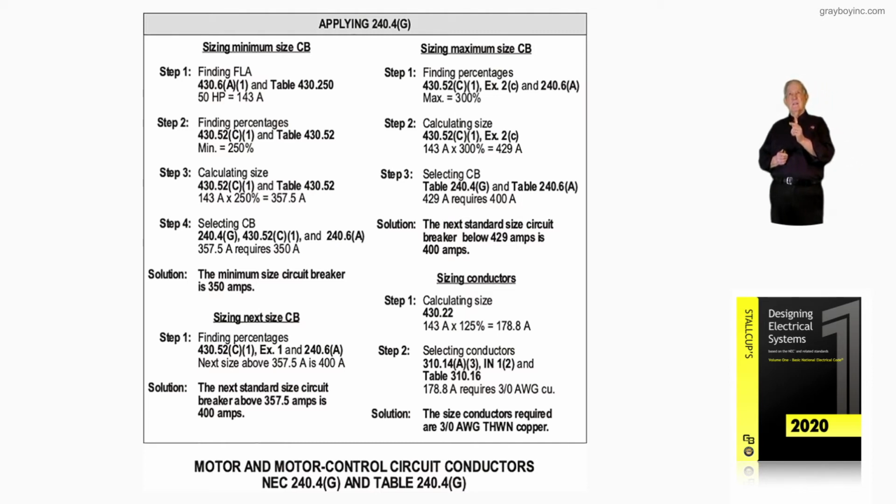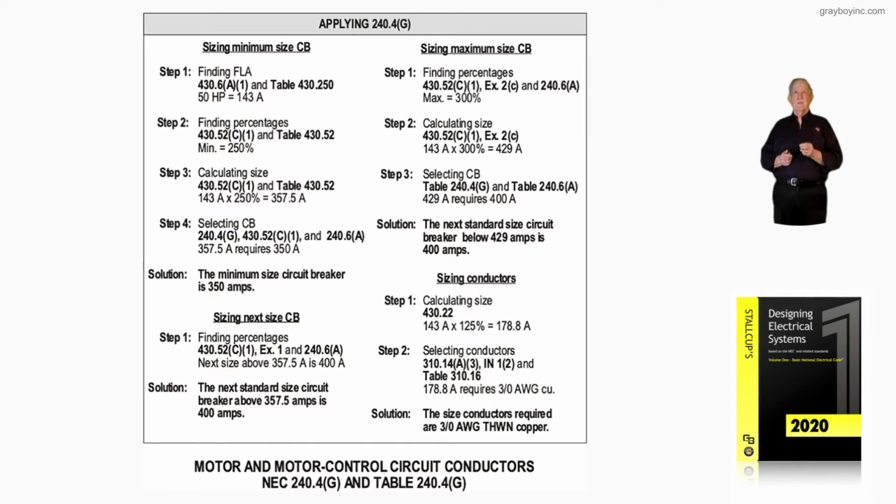Now on the right, we're using a circuit breaker at maximum size. Since the full load current is say 143 amps, then using exception 2C to 430.52(C)(1), we could use 300%. If the full load current was below, say, 100 amps, in that value, we could use 400%.